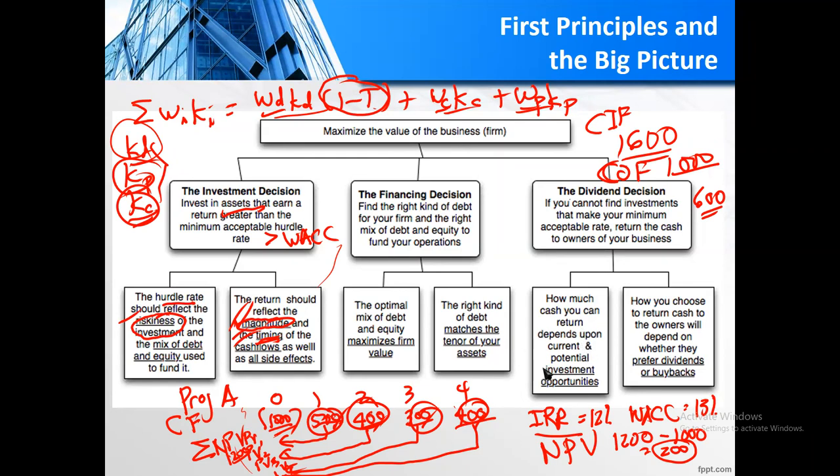Well, it depends on the current and potential investment opportunities. Maybe now there are no current investment opportunities, but the company foresees that in the near future there will be other investment opportunities. So this is again a very important decision that finance has to make.